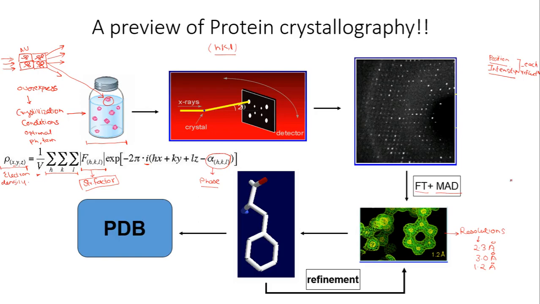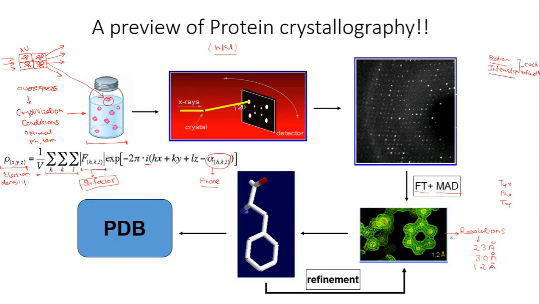It can be either tyrosine, phenylalanine, or tryptophan. So you can guess, based on these electron densities, what amino acid residue might be fitting over here. If you have such a fine resolution of electron density map, you can clearly say that over here you can fit your phenylalanine.